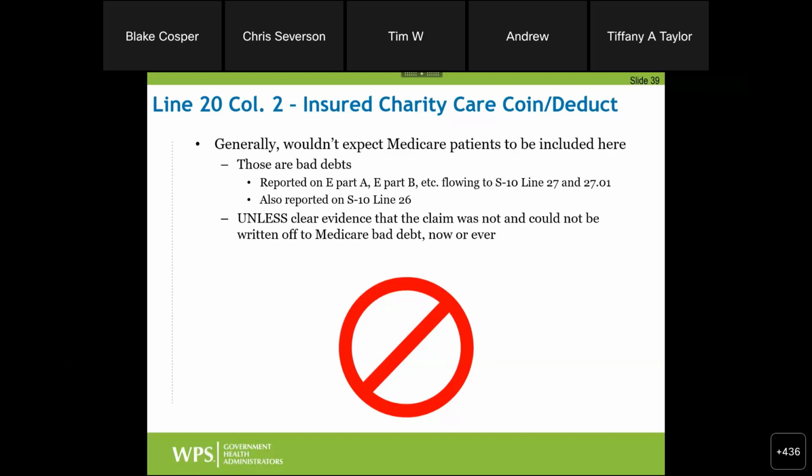If you have some logic like that, where it just simply can't be a Medicare bad debt, you wrote it off too soon, you didn't bill timely, that would negate its ability to be reported as Medicare. Then, yes, you can report it as charity care on line 20, column 2. But also at the same time, we would expect your accounting to reflect that. So we'd expect to see it written off as charity care there.